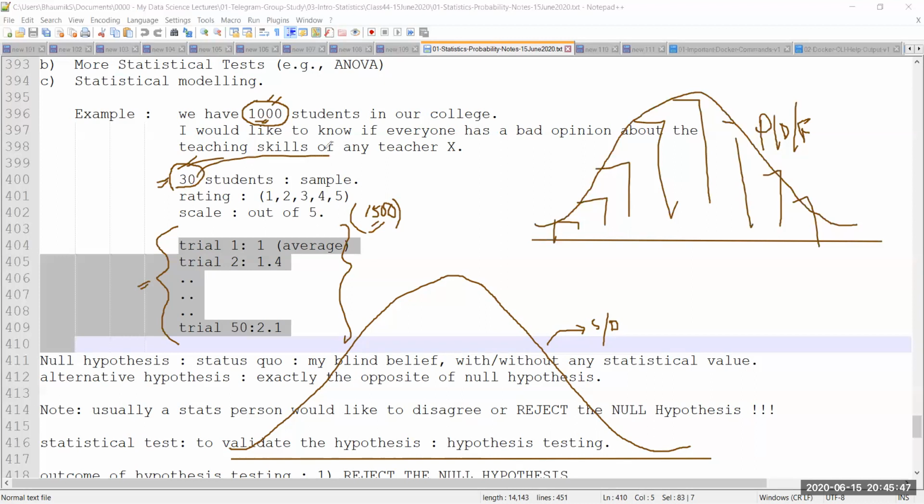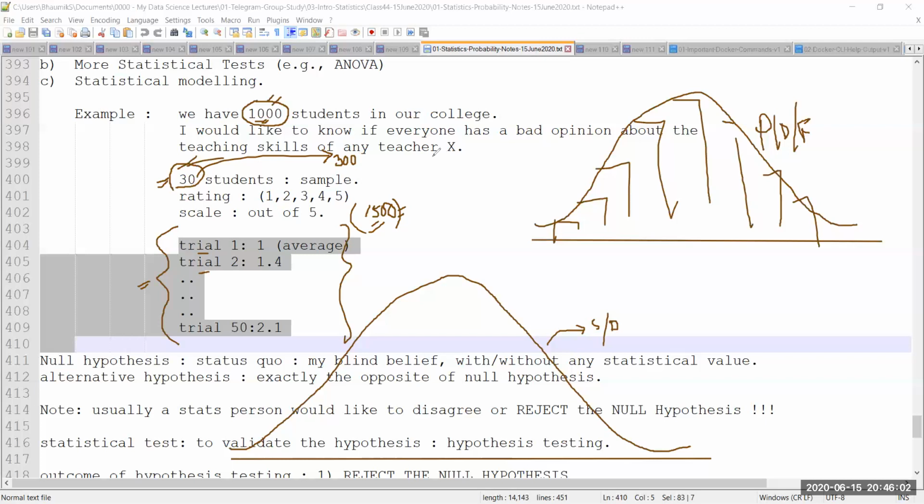If I would like to increase this 30 to, let's say, 300, that would even be better. But then the overlap of each and every trial of the students from the previous trial or the next trial is going to increase. So it's going to depend on how I'm going to conduct the experiment.